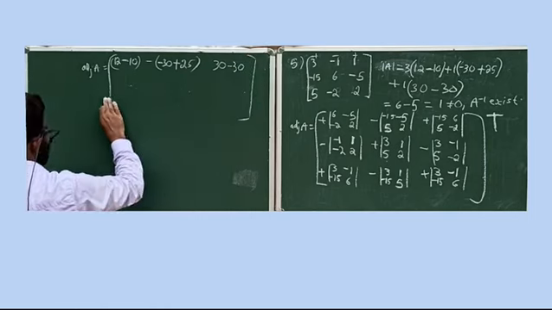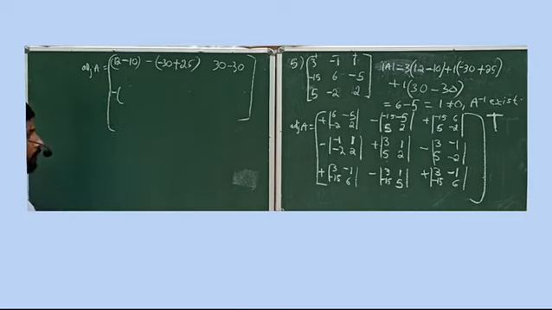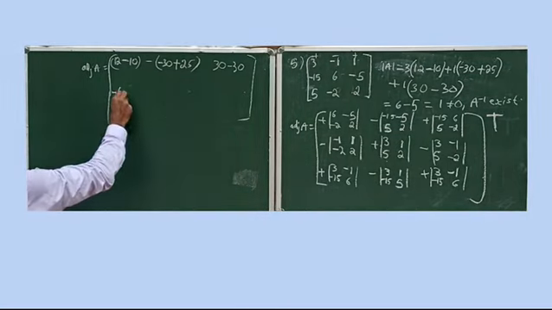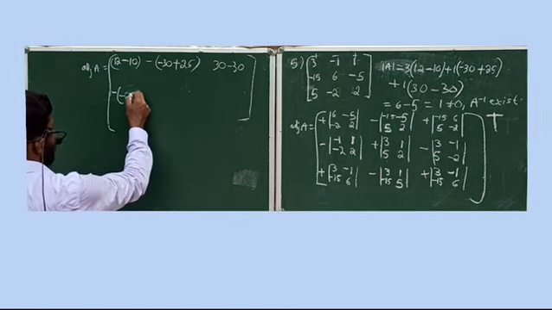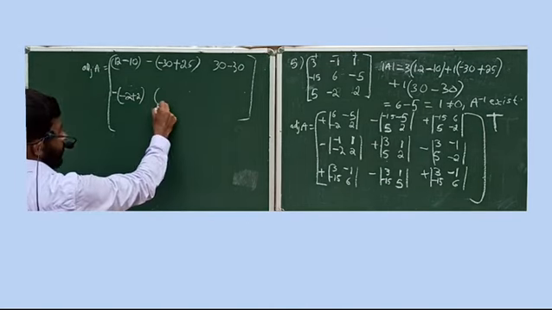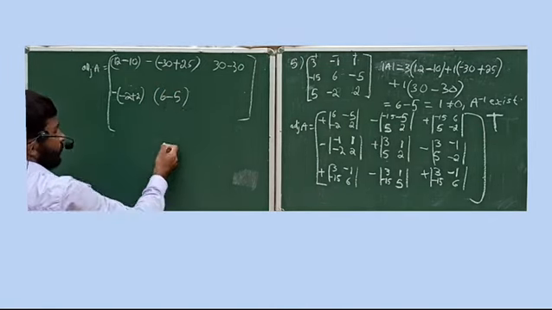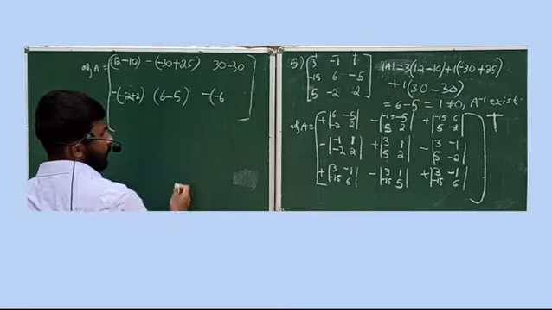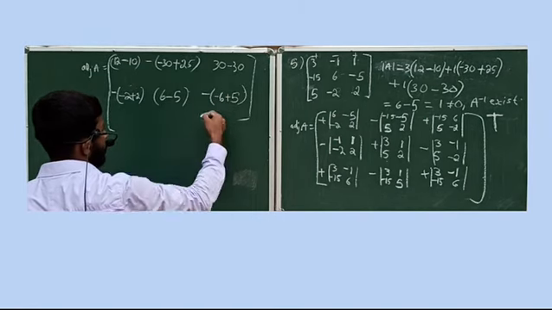Then see second row entries, minus sign outside, minus 1 into 2 is equal to minus 2. Then again minus 2 into 1 is minus 2, but 1 minus by the formula, so we'll get plus 2. Plus sign outside, 3 twos are 6, minus 5 ones are 5. Next entry see minus sign outside, 3 into minus 2 is minus 6, 5 into 1 is minus 5, 1 minus by the formula, so plus 5.